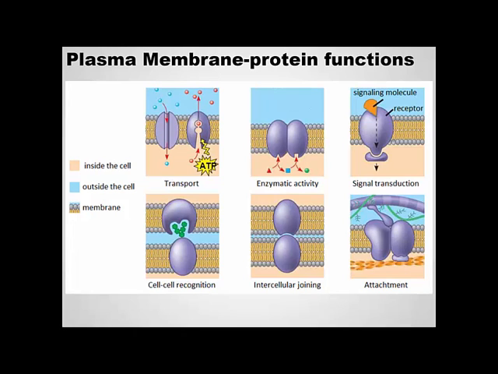This is one of the reasons why white blood cells, for example, won't attack your own body cells, because they can recognize cells based on these attached molecules. Some cells are joined together by the action of these membrane proteins. Some cells are attached to other external structures, and they're attached to these proteins that are embedded in the surface of the cell. So the plasma membrane has many, many jobs that it does.